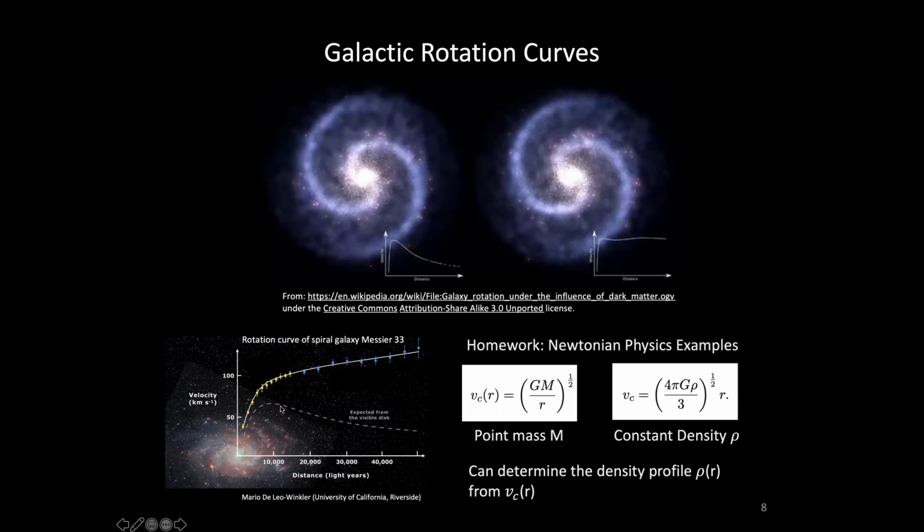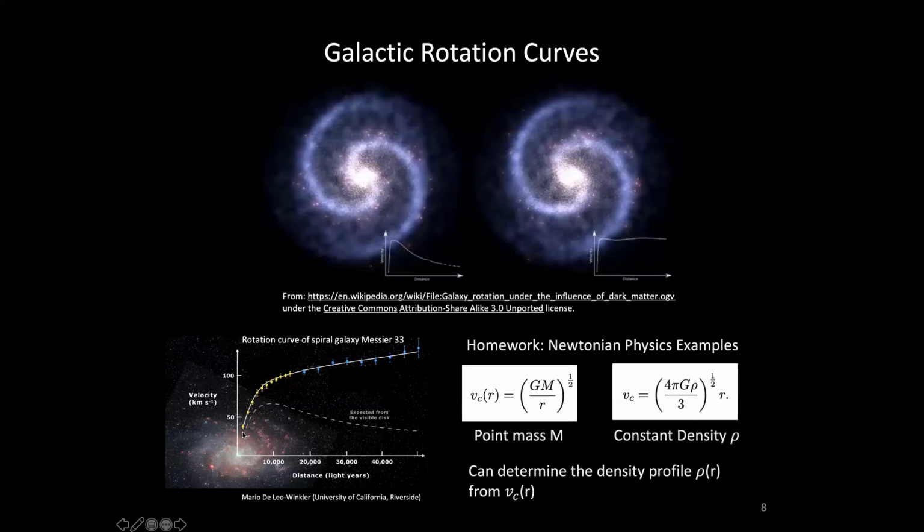If you look at, for example, Messier 33, a pretty large galaxy in the Local Group, a galaxy group near us that includes the Milky Way, you can see there is a big mismatch between the measured velocity and the velocity distribution expected from the visible data.